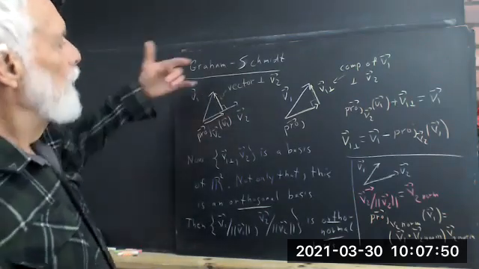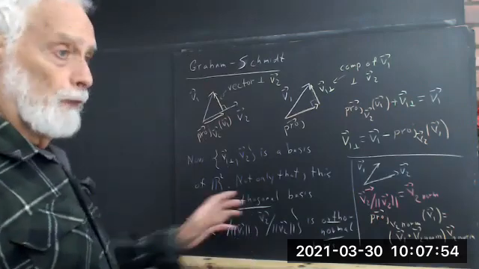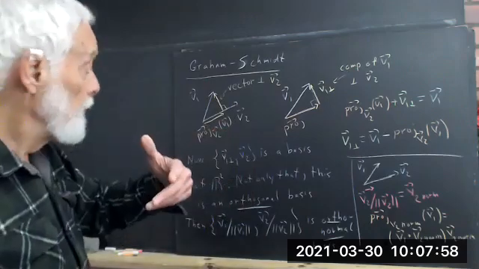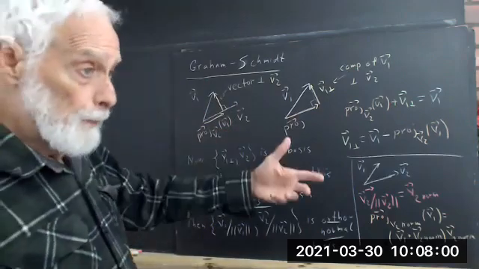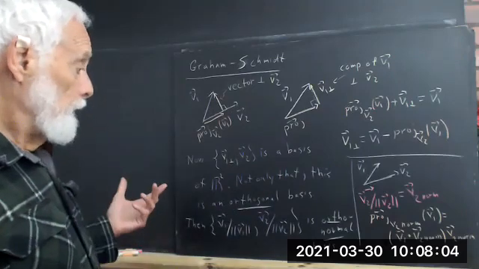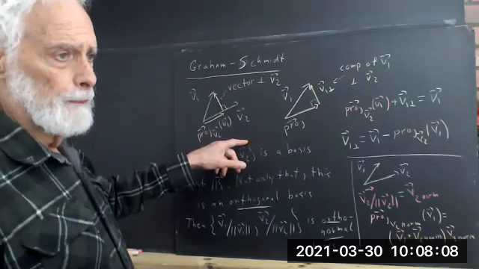If we had 3 vectors, V1, V2, V3, to form a basis for R3 or any 3-dimensional space with an inner product, if you've got an inner product, you can always do this, then you can just start with 2 of the vectors.